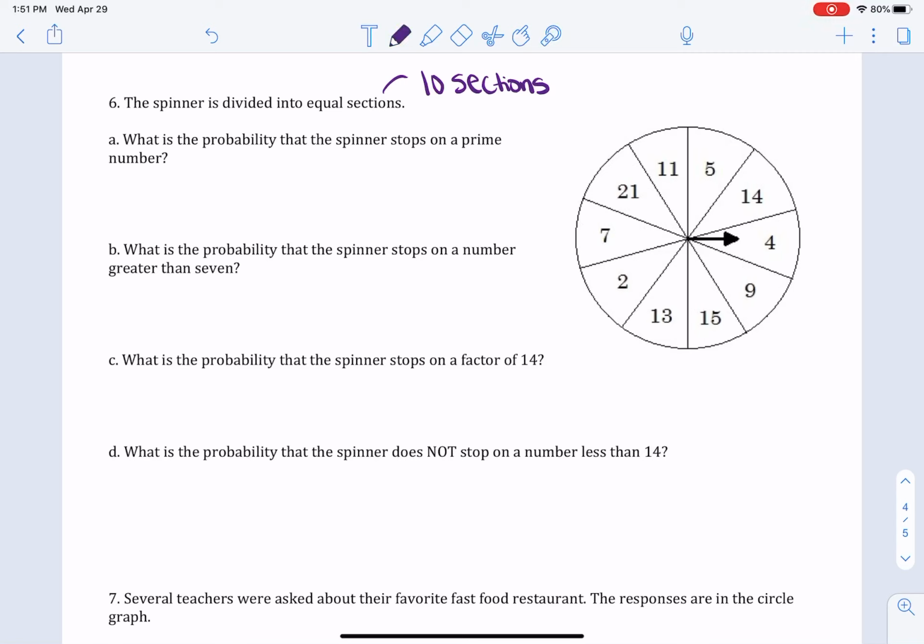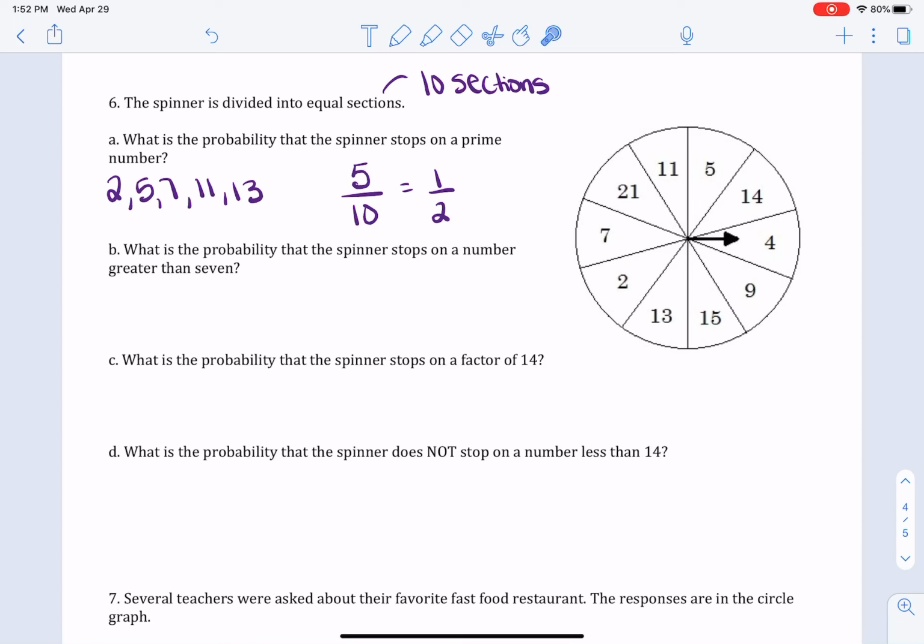Remember, a prime number means its factors are just 1 and itself. So I need to look through here and see which ones only have a factor of 1 and itself. That would be 2, 5, 7, 11, and 13. So there are 5 prime numbers. The probability that it stops on a prime number would be 5 out of 10, which is a half or 50%.